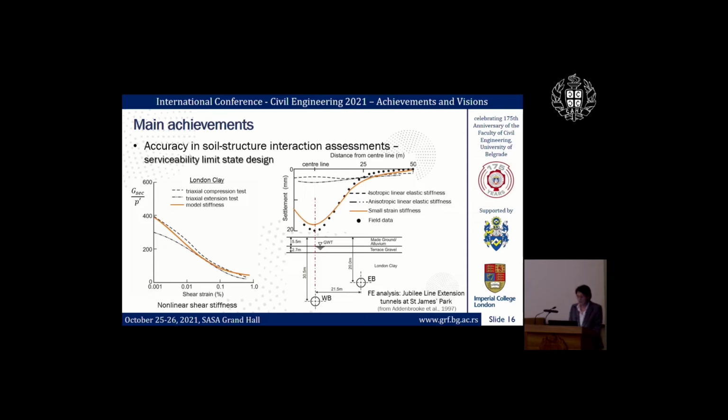So what happened shortly afterwards, at the beginning of the 90s, the first modern tunnel construction was conducted on one of the existing lines, the Jubilee Line, and it was known as the Jubilee Line Extension, going through quite an urbanized area of London, being conducted with new construction methodology, and therefore the design needed to really predict quite accurately what the ground movements would be to essentially limit any potential for building damage above those new tunnels.